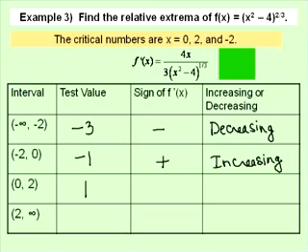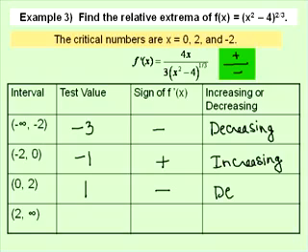From 0 to 2, I'm going to choose 1 as my test value. The numerator will be positive, 4 times 1. The denominator will once again be negative because we will again have 1 minus 4 resulting in a negative, cube root of a negative, and that is also negative.